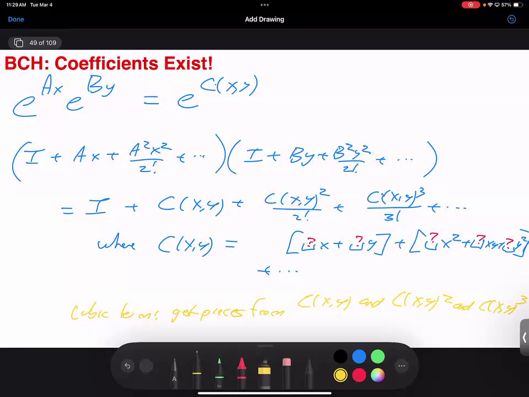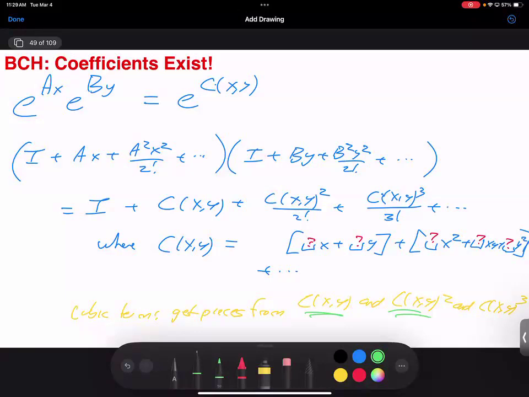But by induction, by previous work, we already know the linear and quadratic pieces of c of xy. Those have already been forced on us by matching the linear and the quadratic. We have never used any cubic part of c of xy in just matching up the linear and the quadratic. So the cubic terms in c of xy are completely free.